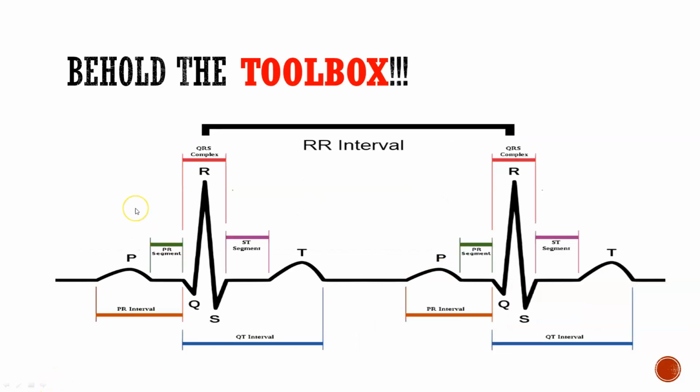Okay. You put that all together, and what do you have? The toolbox. You are then ready to start actual interpretation of the entire 6-second strip, 12 lead, whatever it may be. We can look at it and start that interpretation process. So that is your toolbox.